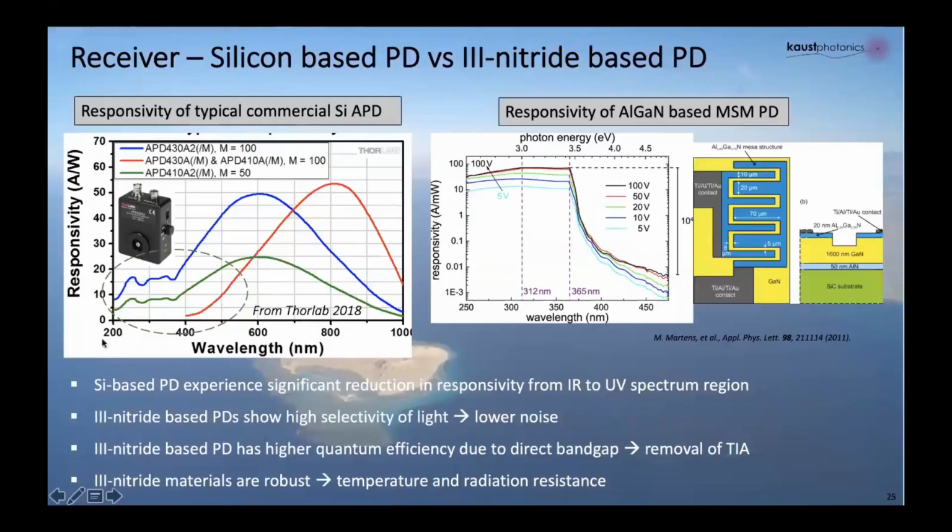But one thing I'd like to point out is that it always gives very, very low responsivity in the UV region. And aluminum gallium nitride based MSM has been developed to address the low responsivity of the silicon APD in the UV wavelength.